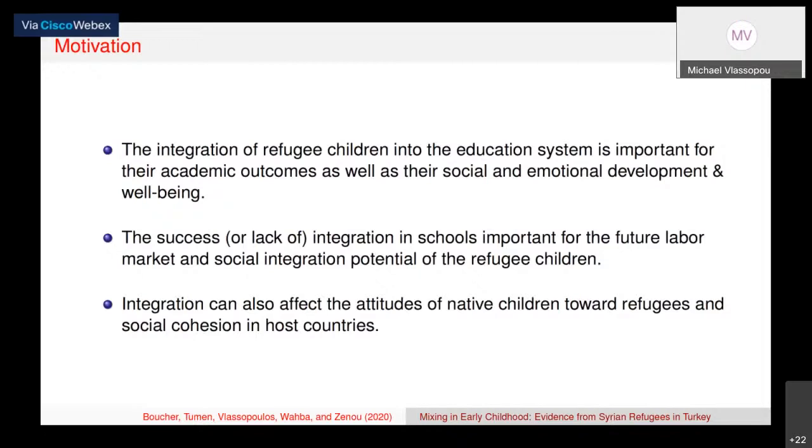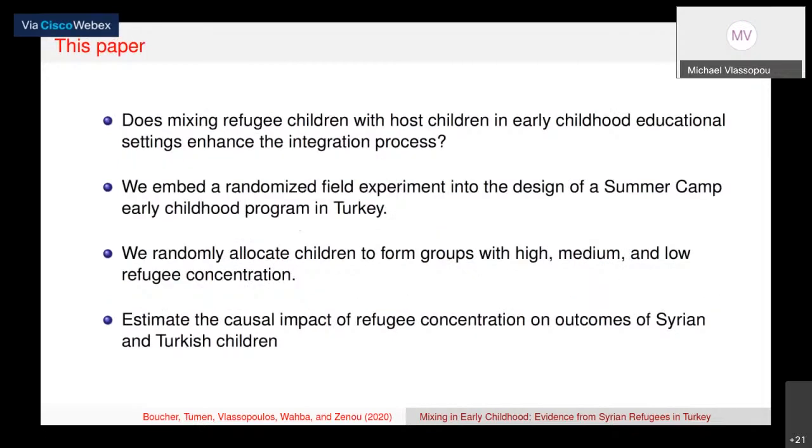And in addition, the integration or lack of integration of the Syrian refugees can also affect, in turn, the native children's attitudes towards the refugees, which will matter for the state of social cohesion in the host country. So what does this paper do?